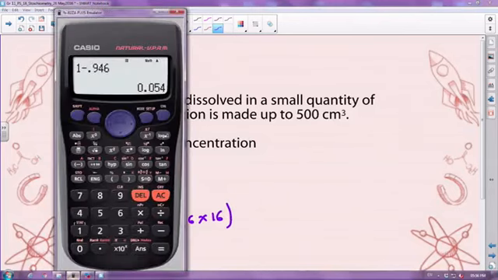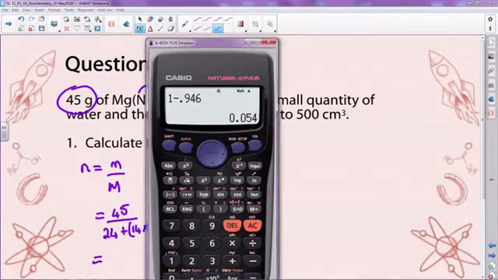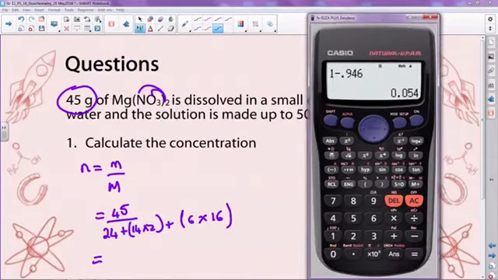I think we're going to need the calculator for this. Let's put it on this side so we can have a look at our numbers. I'm going to use my fraction. It's going to be 45 divided by 24 plus 14 times 2, which is 28.